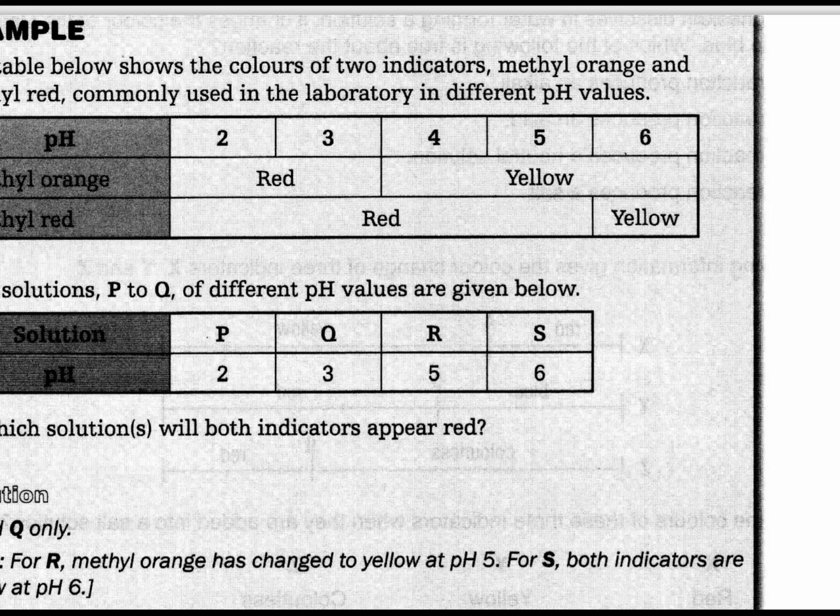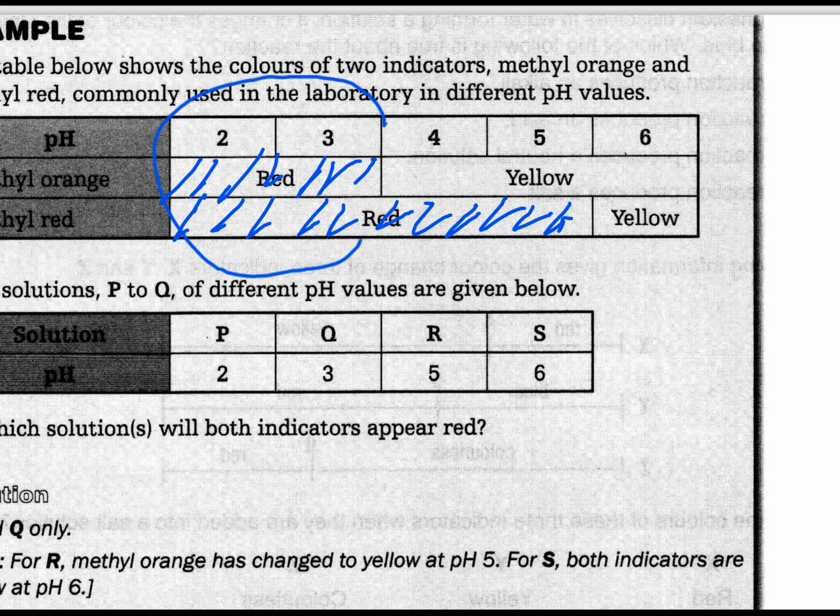So let's shade out the red parts. This is red, and this is also red. So what are the pHs where both methyl orange and methyl red are red? Answer is 2 to 3. For pHs 2 and 3, both indicators are red. That will mean P and Q. So that is the answer.